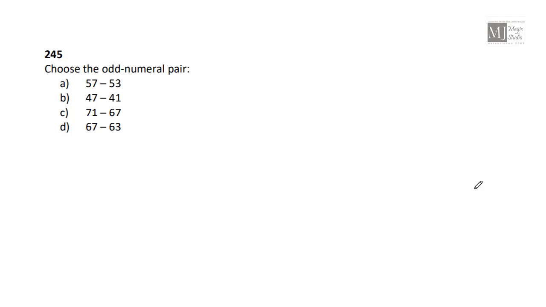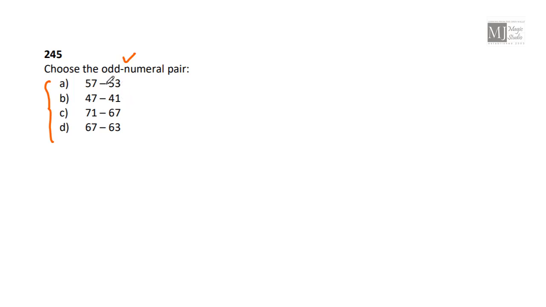Question number 245. Choose the odd numeral pair. Odd means out of these four, the pair which is not following similar or the same kind of characteristics. 57, 53.